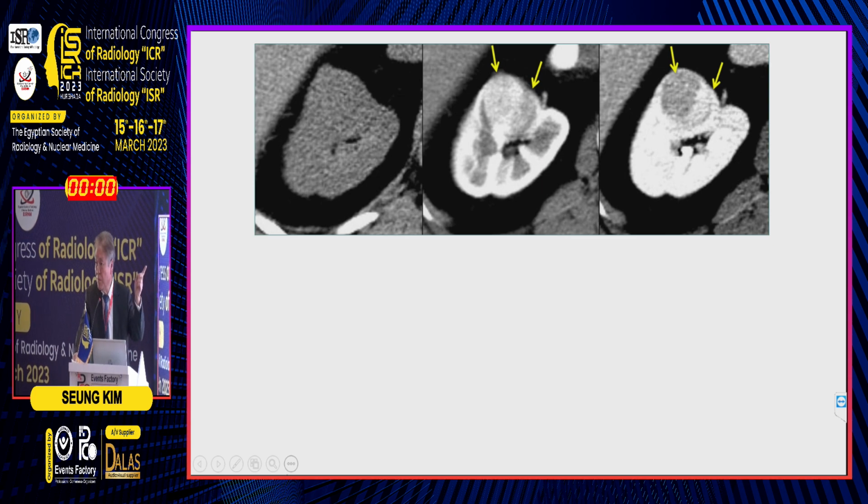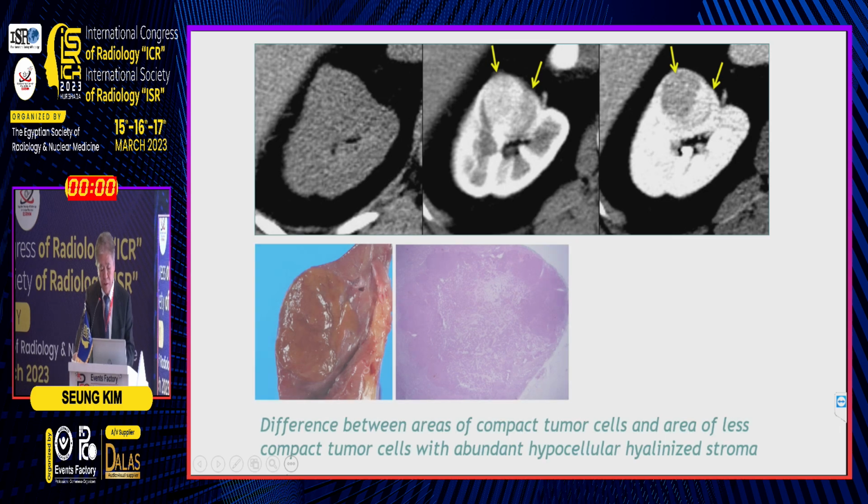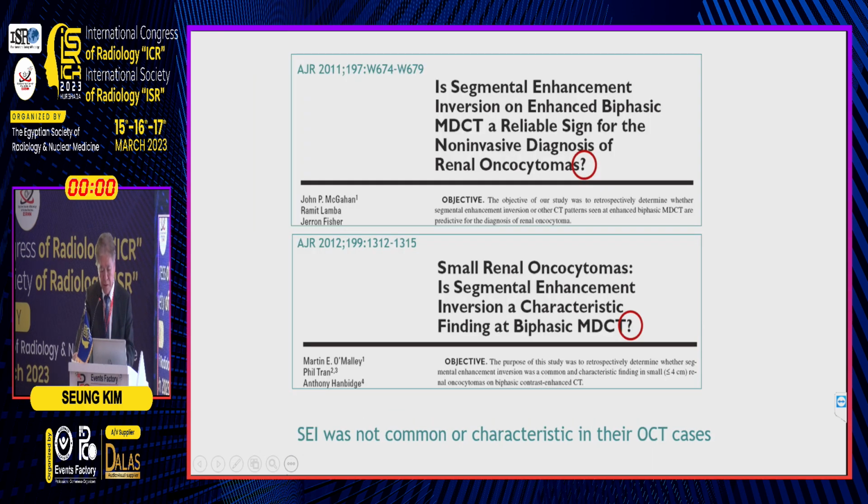Here is another similar mass showing segmental enhancement inversion. The reason is that in different areas, some have compact tumor cells and other areas have loose tumor cells. That's why it shows the inversion of enhancement. After we published that paper, a lot of people showed that this finding is not always true, and many cases showing this were not oncocytoma.